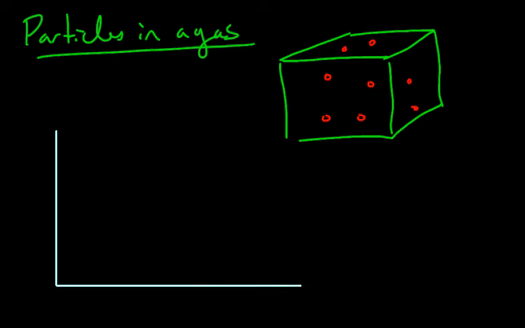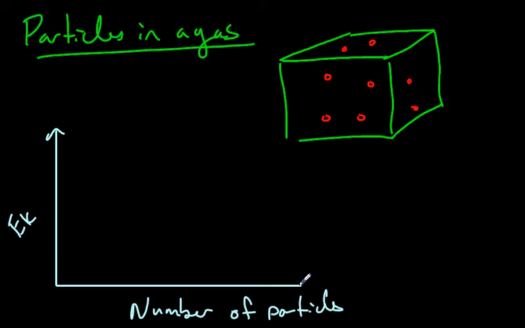I think it is. And what it talks about is, if this is the number of particles along the x-axis, and this is the kinetic energy of the particles, the absolute kinetic energy of the particles. So we're thinking about the particles in here.